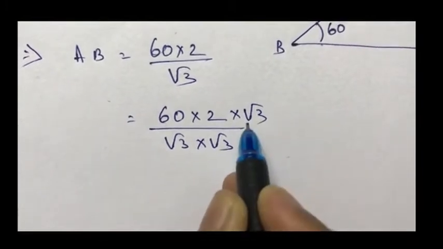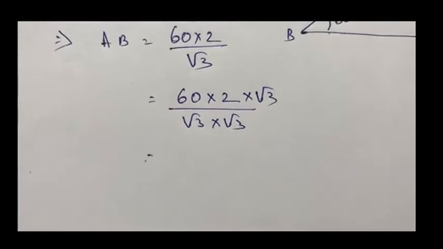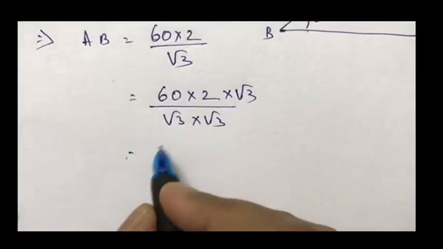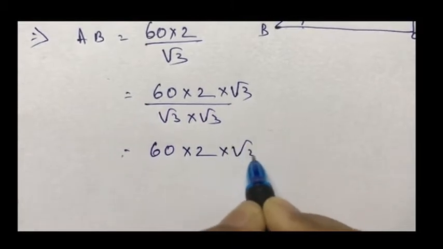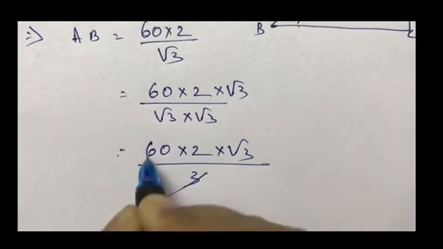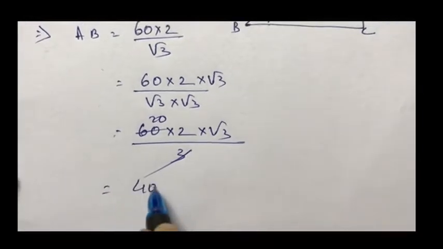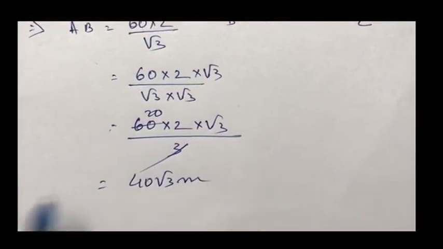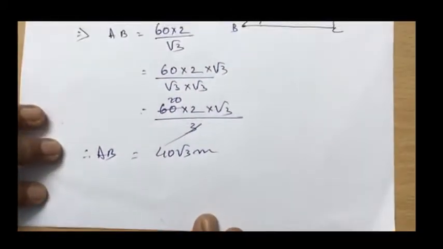I have multiplied and divided by root 3 here. So this becomes 60 into 2 into root 3 by 3. 120 by 3 is 40, so you have 40 root 3 meters. So you have AB is equal to 40 root 3 meters.